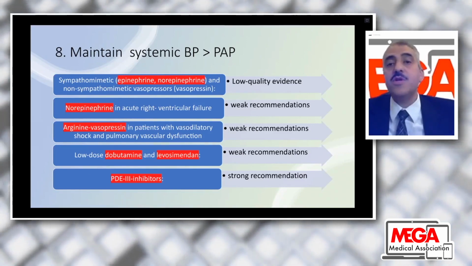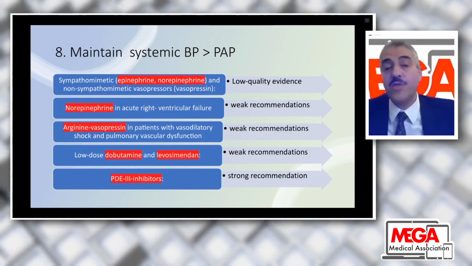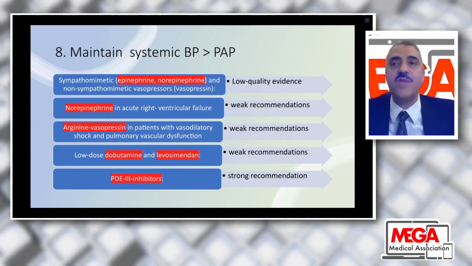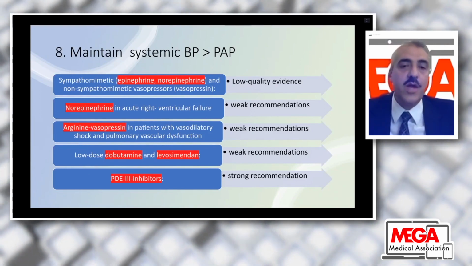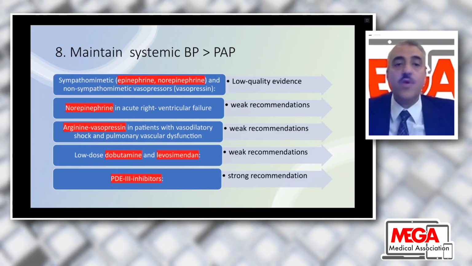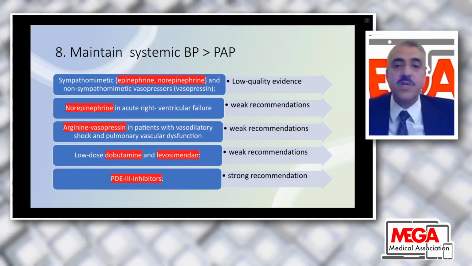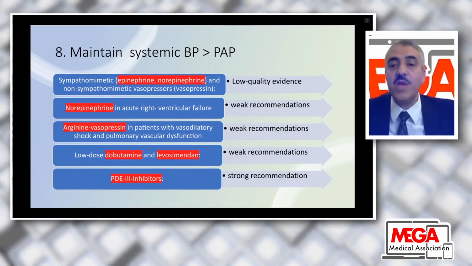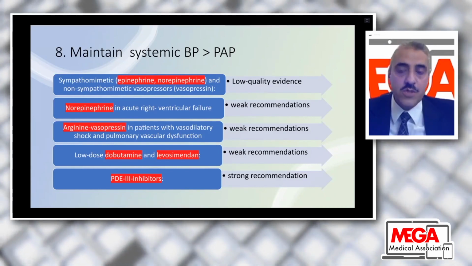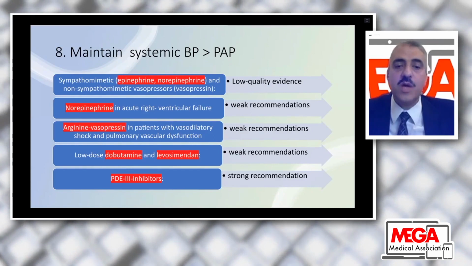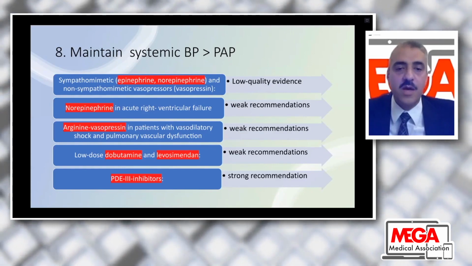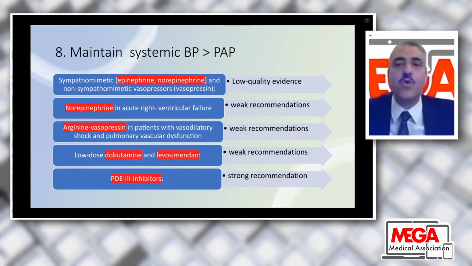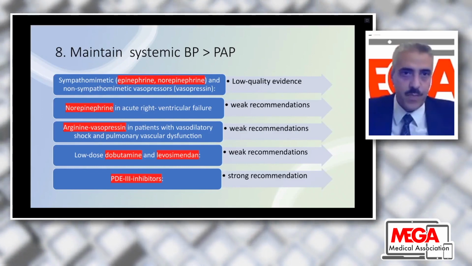Don't allow the systemic blood pressure to fall to 90 or below this, because this will induce right ventricular failure in a rapid way. We can use epinephrine, norepinephrine, vasopressin, levosimendan, or dobutamine, but all these have only a weak recommendation. The strong recommendation goes to the phosphodiesterase 3 inhibitors like milrinone or amrinone.